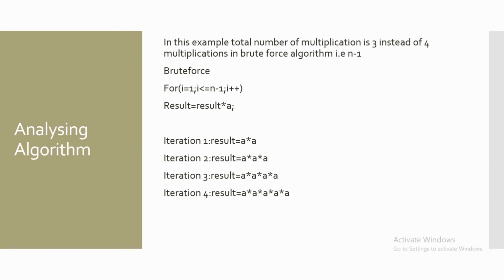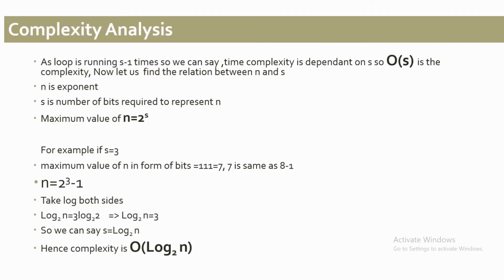So what is the complexity analysis that we can do here? Here, n is my exponent and s is the number of bits required to represent n. The maximum value of n will be what? Suppose all the bits are 1. What will be the value? 7.